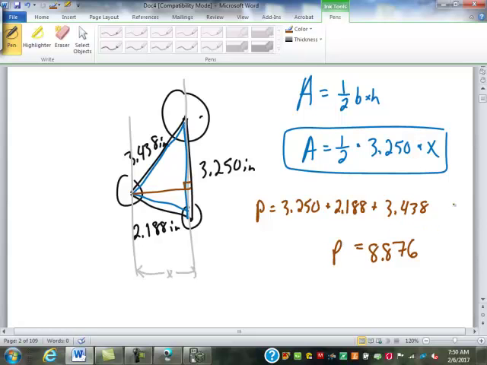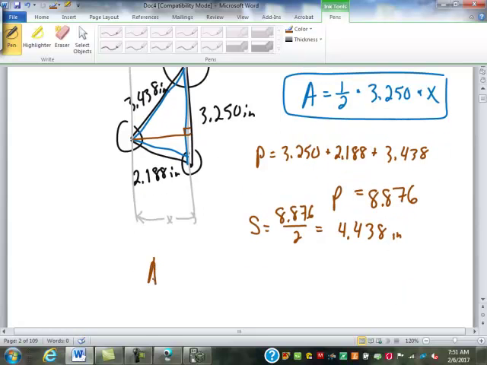Yeah, the perimeter is 8.876. The semi-perimeter is the perimeter divided by 2, 4.438 inches.